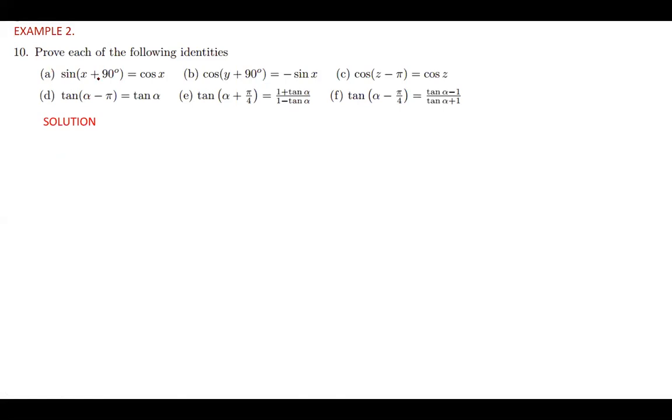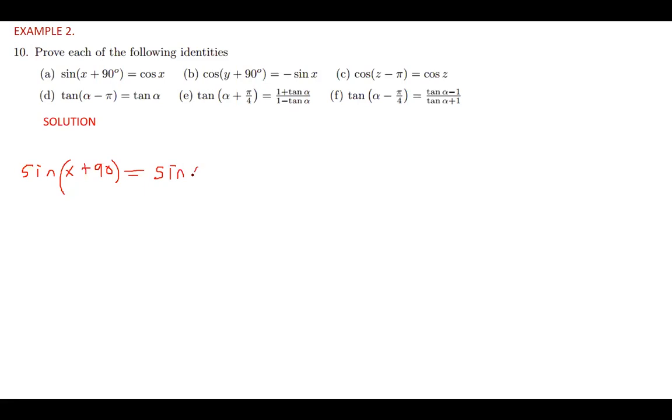So for the first one here, sine x plus 90. They want you to show that this sine x plus 90 is just the same as cos x. So how do you do that? For sine, the first trig ratio that I'm going to have here is sine.